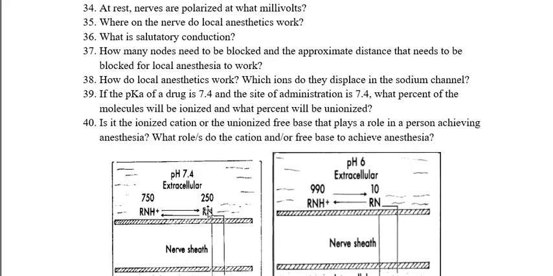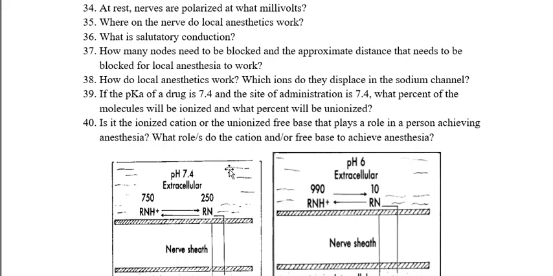So this skinny free base slips inside, and then it becomes RN and RNH plus inside the nerve, and it's the RNH plus, the chubby one, that's big enough to go back up into the sodium channel. It displaces calcium from its receptor, it sits on it, and it's so big, right?